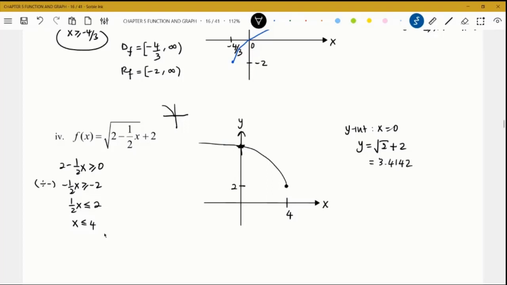Okay, so here will be 3.4142. Okay, so put the origin, x axis, y axis, complete. So sketching complete. Now domain adalah daripada negative infinity to 4. Range, the lowest value for y adalah 2 towards positive infinity.